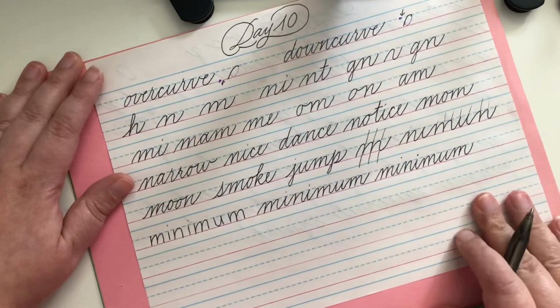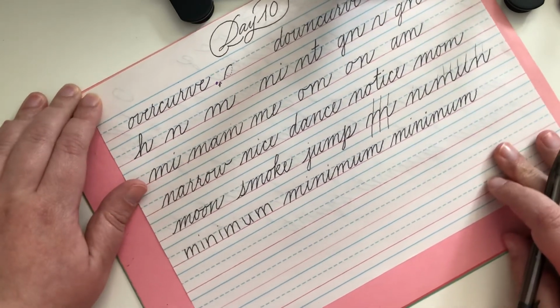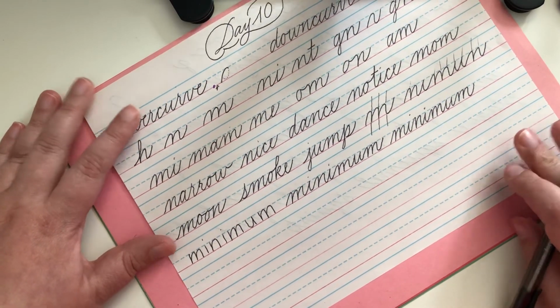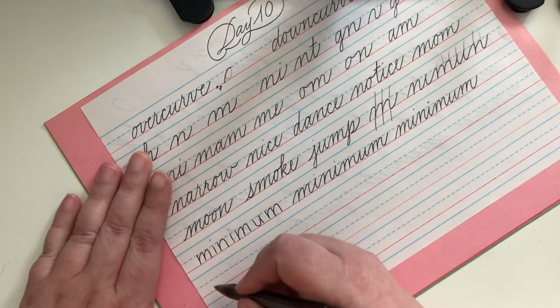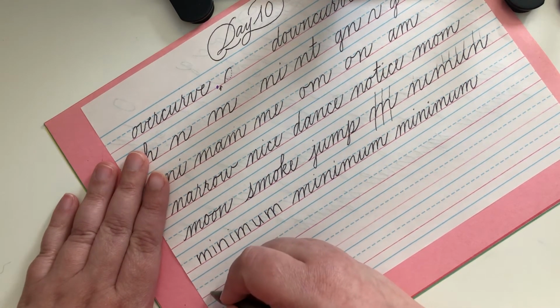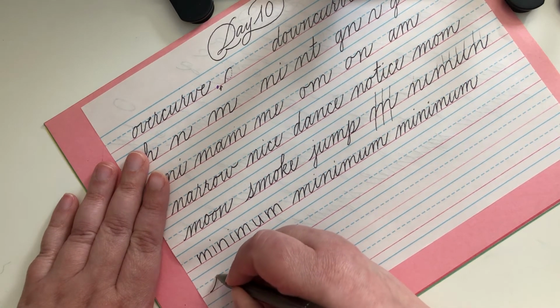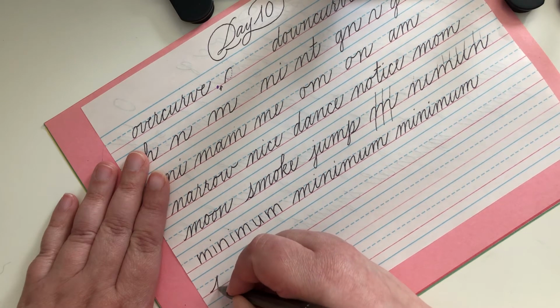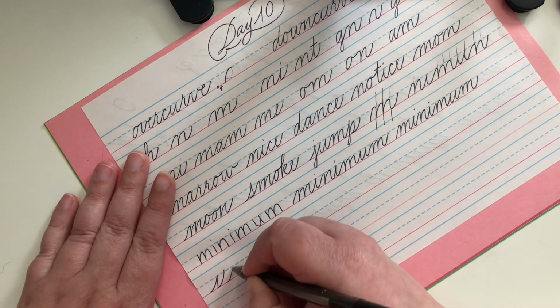So now you only have four more lowercase letters to learn because we've already learned the undercurve, slant, undercurve letters.